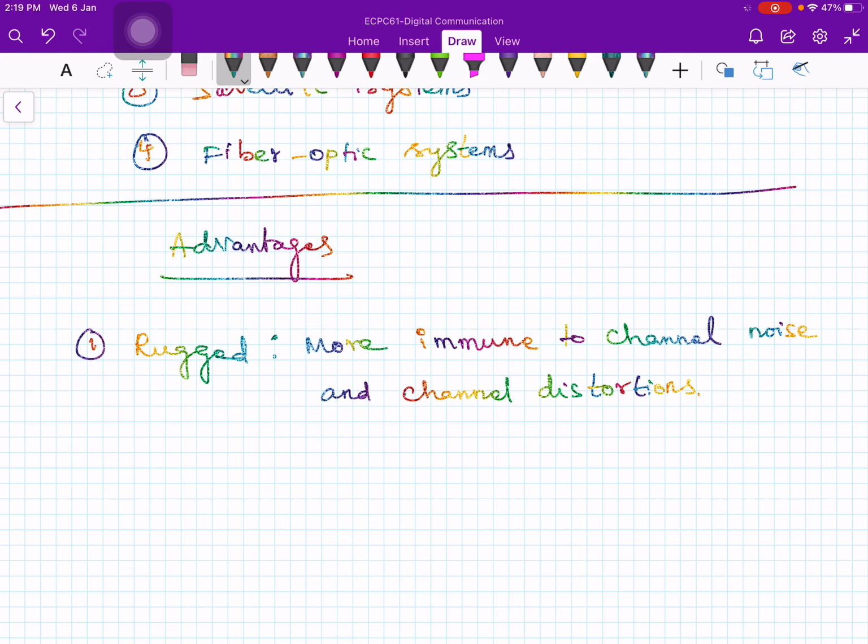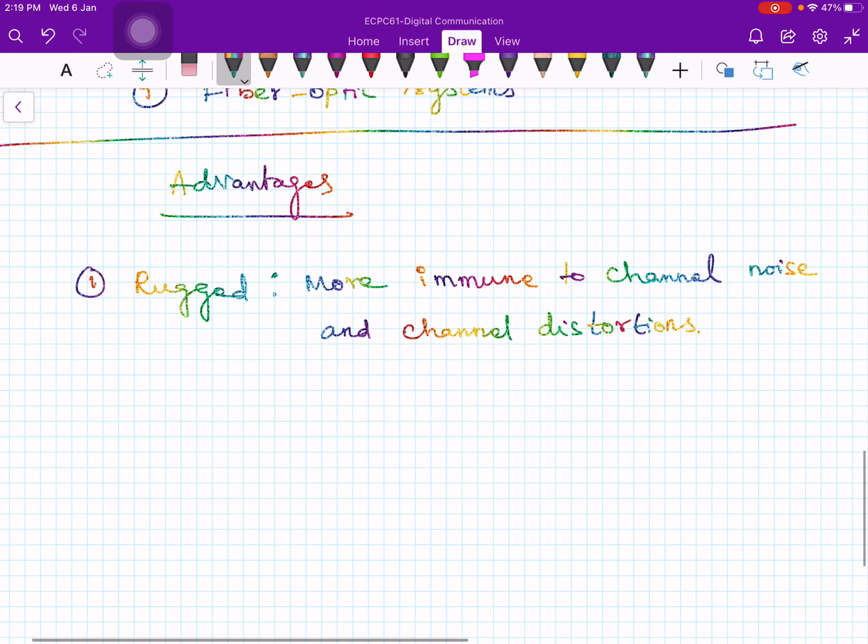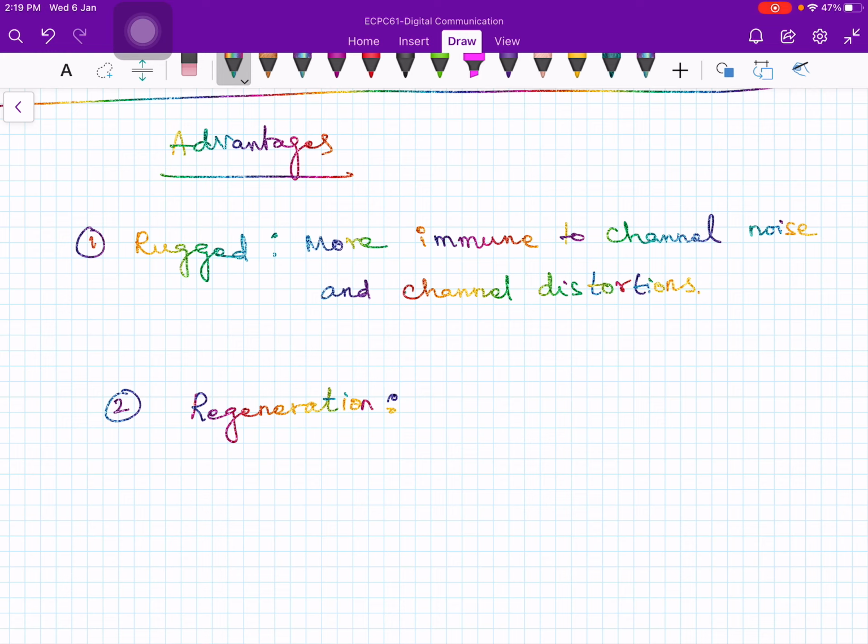Okay, the reason why they are more immune is the fact that there is a regeneration along the path. So I'll explain about regeneration. Now, what do I mean by regeneration? I believe that you are familiar with the fact that digital communication takes place in the form of ones and zeros.